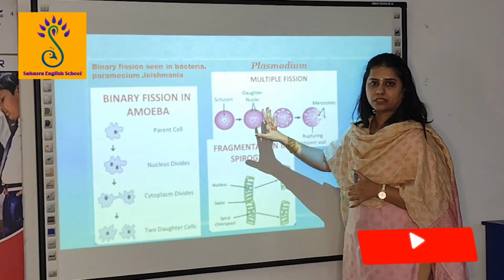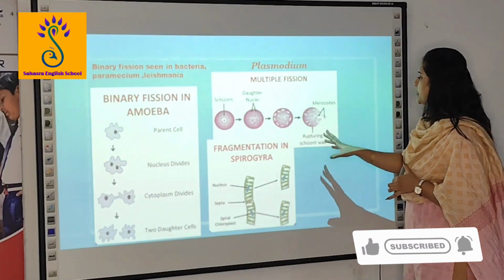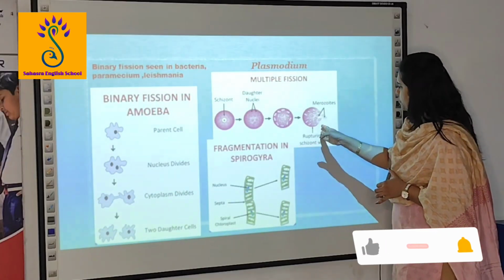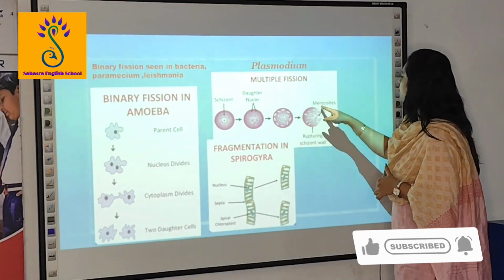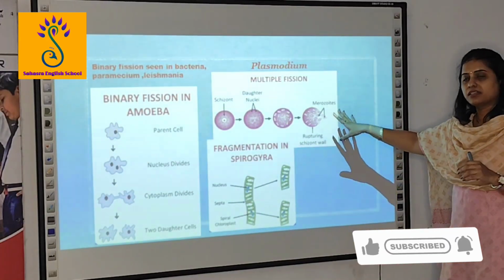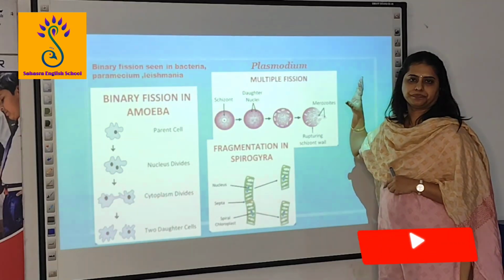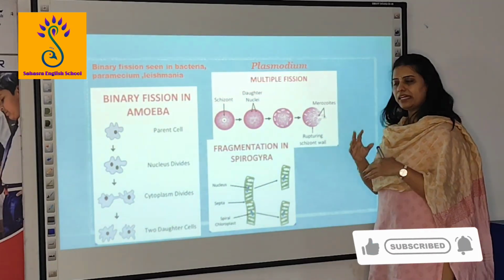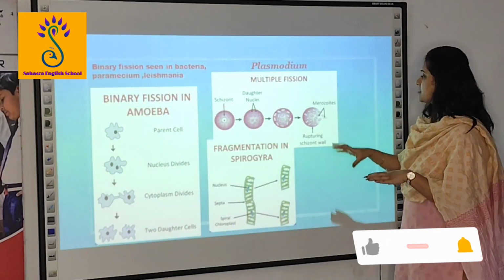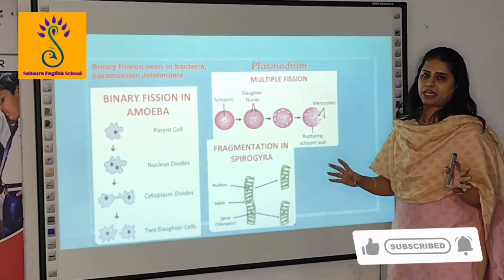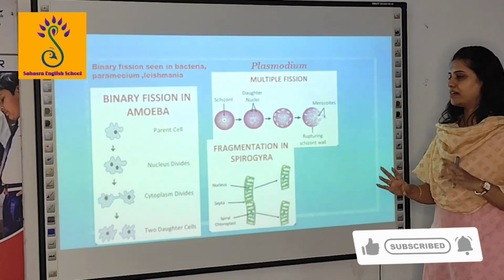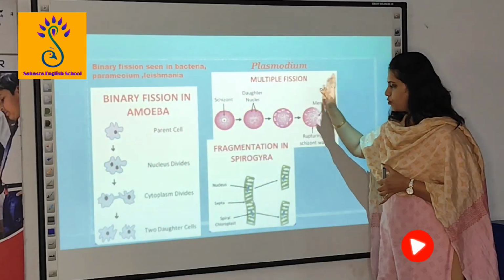Many are developed, numerous are developed, and then the schizont wall is ruptured, and many merozoites are released. This is multiple fission. Like that in our body, when Plasmodium enters, it multiplies and many Plasmodium are given out and it leads to malaria. This is the malarial parasite, Plasmodium.